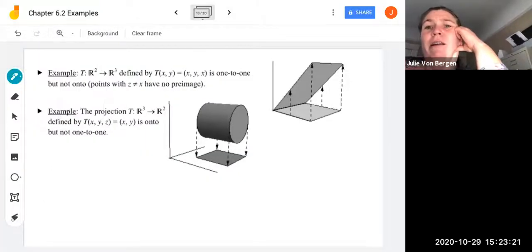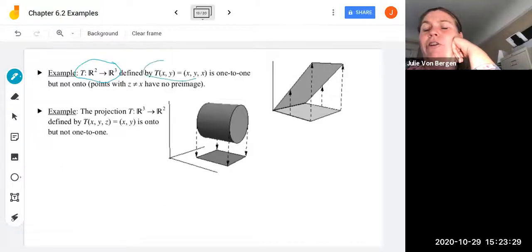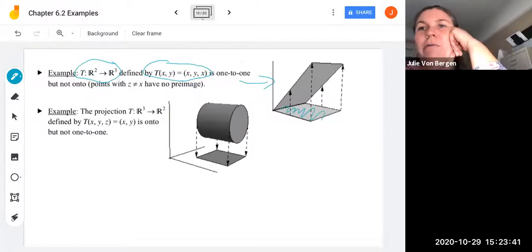So the first example is if our transformation maps R2 to R3, and it's defined by T of (x, y) equals (x, y, x). So here's sort of a picture of it. You start with the xy plane, and then you end up with a plane cutting through R3 because the x and the z values are now the same value.